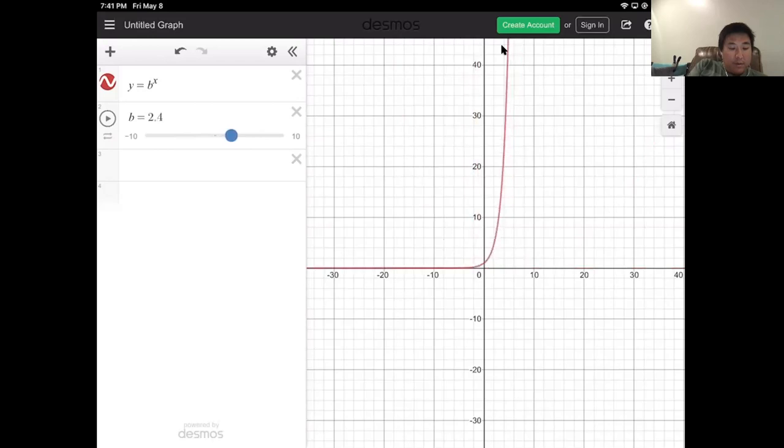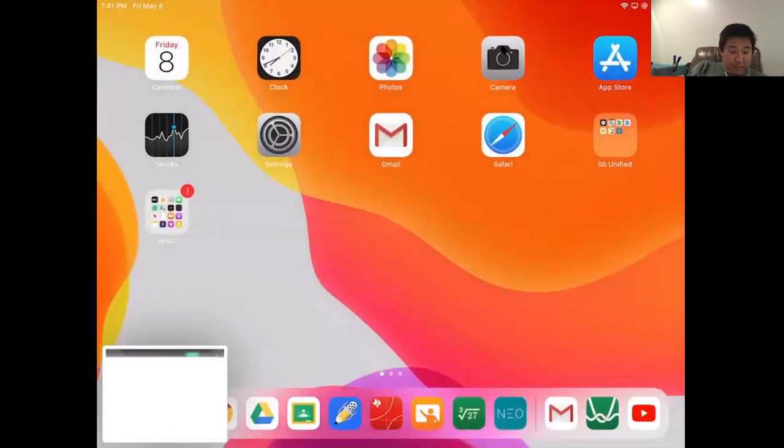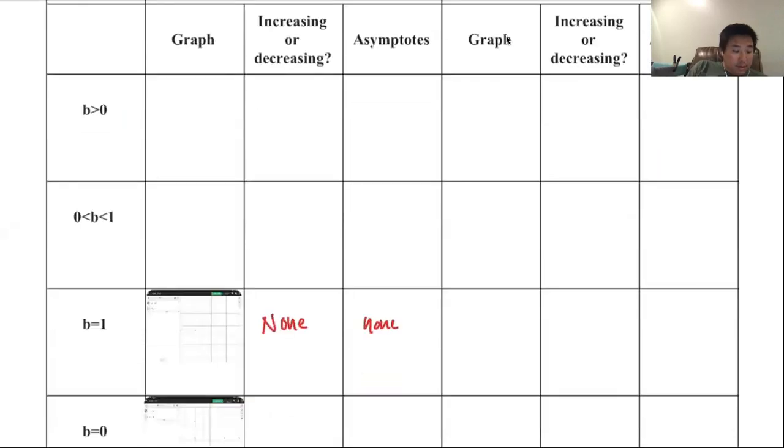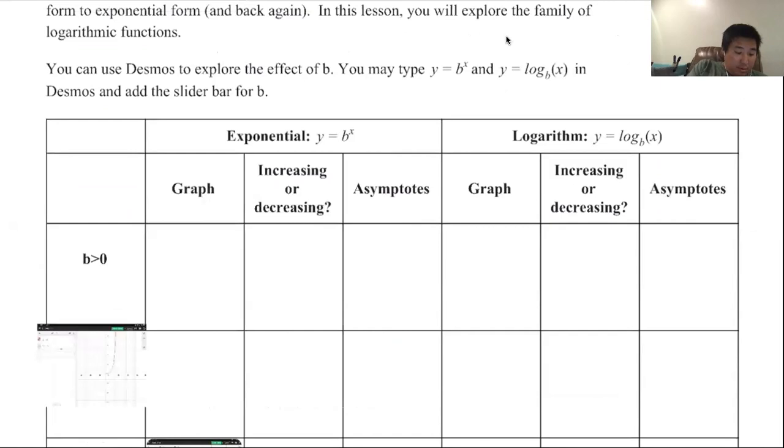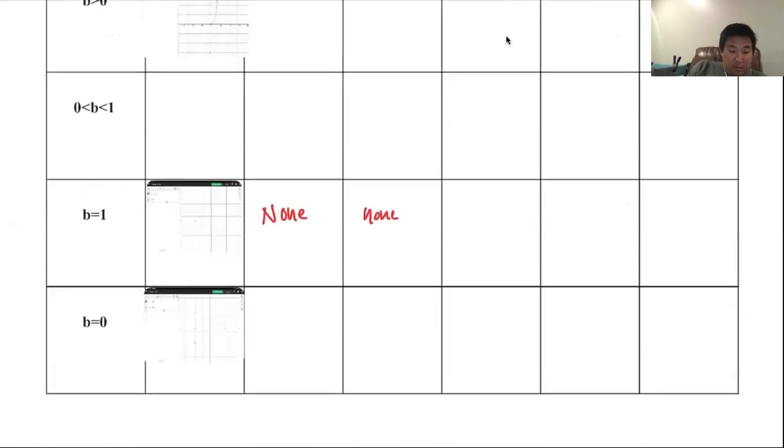When it's greater than 1, you get a nice big graph like that. So when b is greater than 1, that goes there.